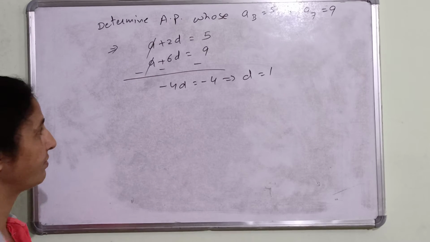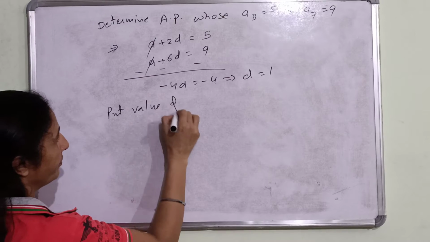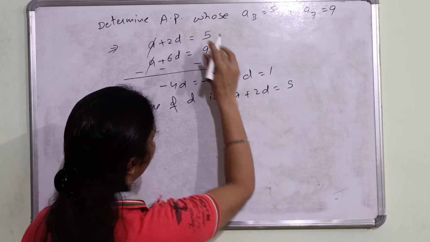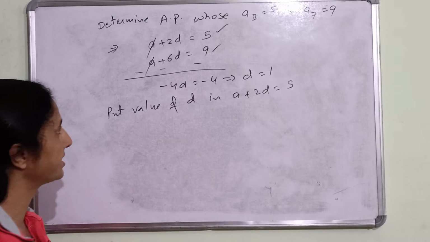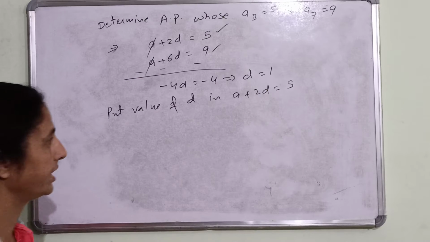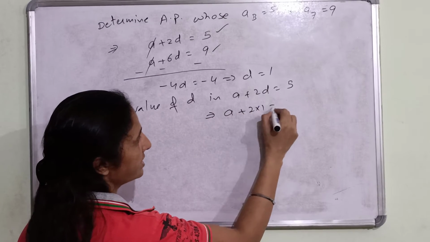Now we have d is 1. Put the value of d in any one of the above equations and you can find the value of a. So a plus 2 into 1 is equal to 5.